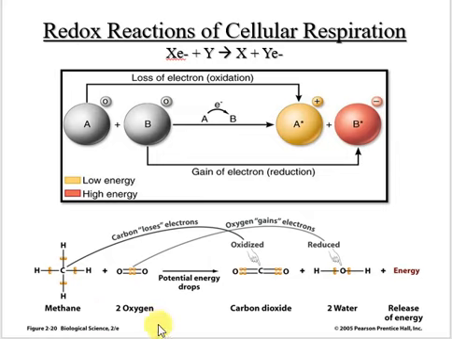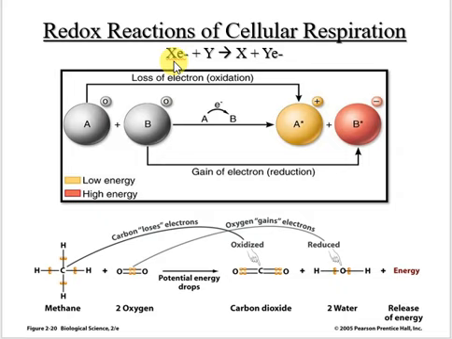In these reactions, you always have one substance serving as the electron donor, the other serving as the electron acceptor or recipient. One is always being oxidized, the other is always being reduced. In this reaction, looking at your X and Y, substance X is the electron donor.